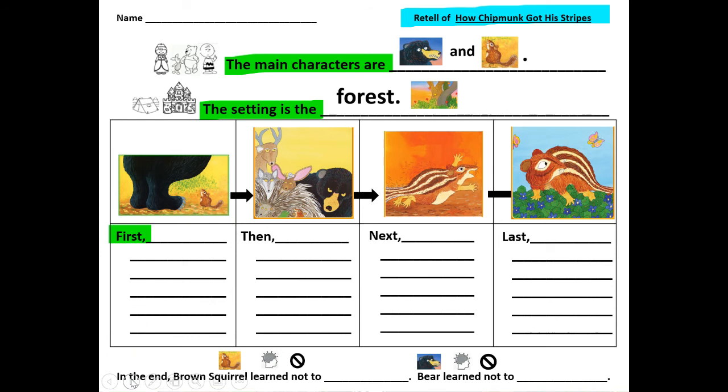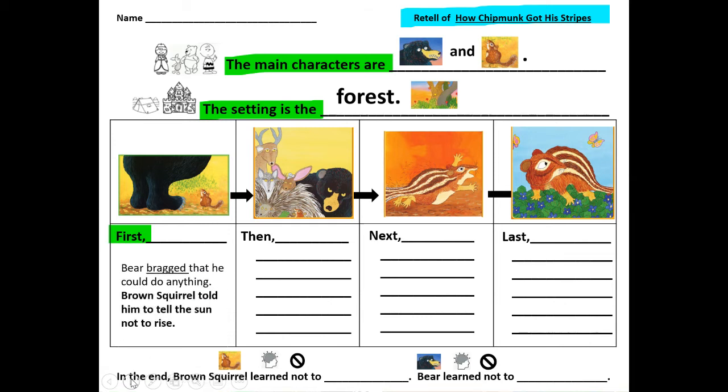So what happened first in the story? What does Bear do or say? First, Bear bragged that he could do anything. Brown Squirrel told him to tell the sun not to rise. Then what happened?